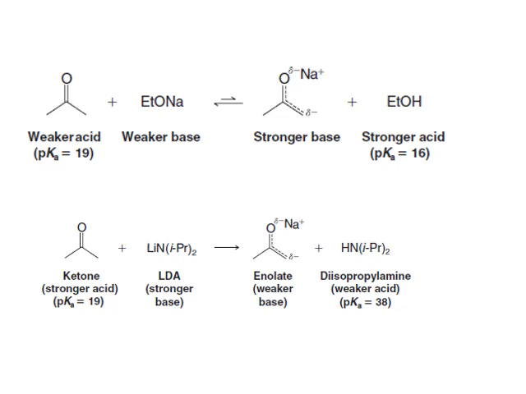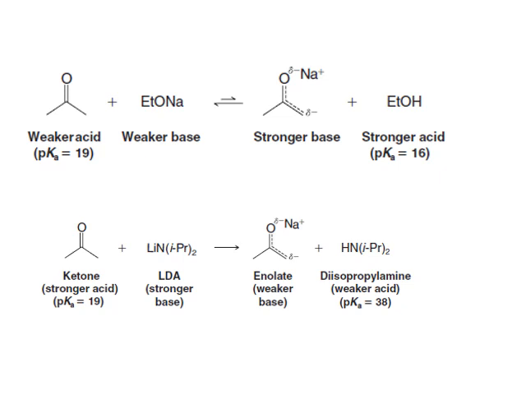We recognize the stronger acid and the weaker acid by knowing the pKa of the compound. Ethyl alcohol pKa about 16.